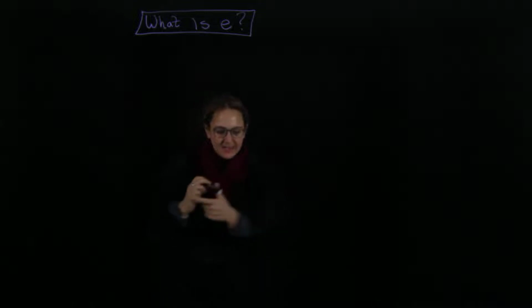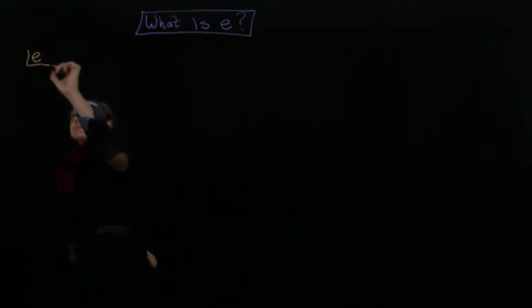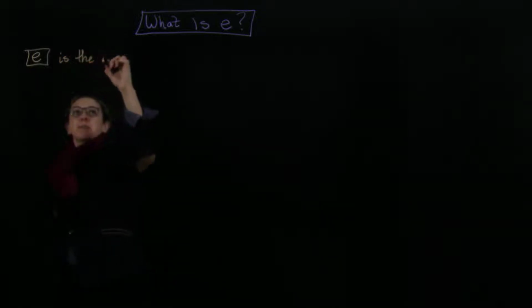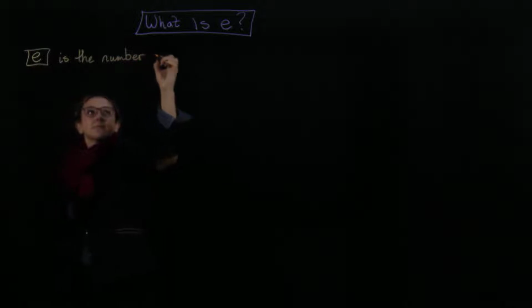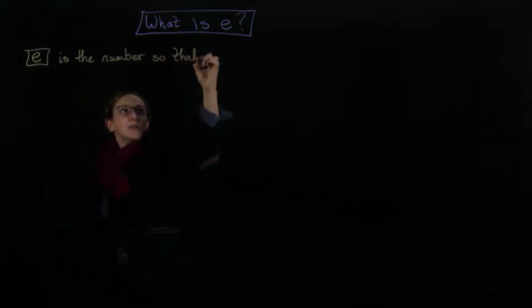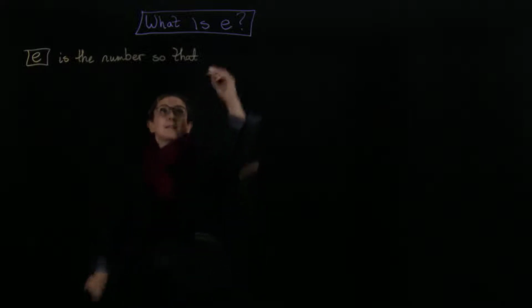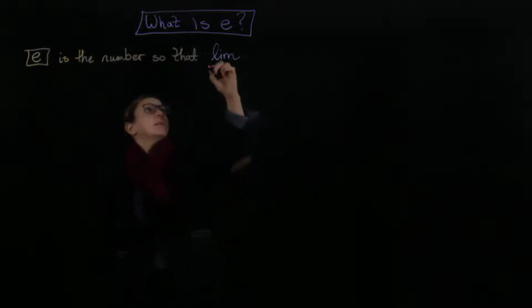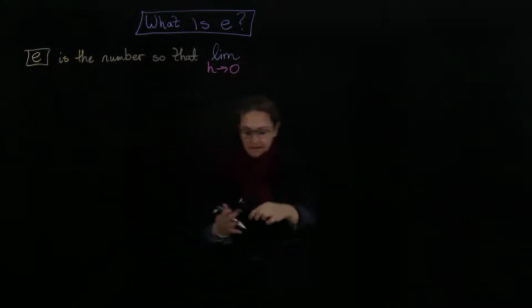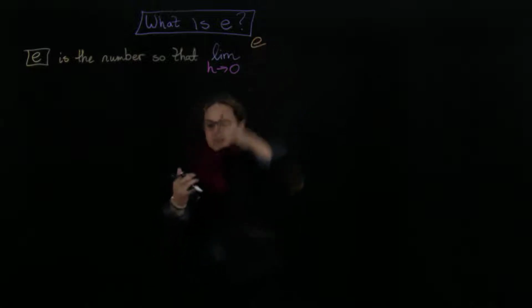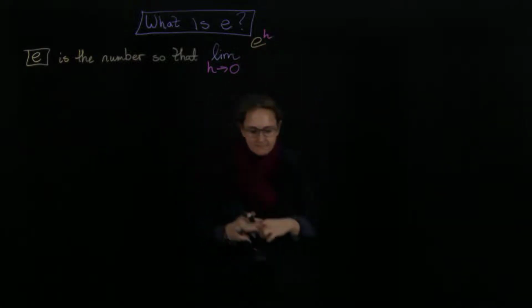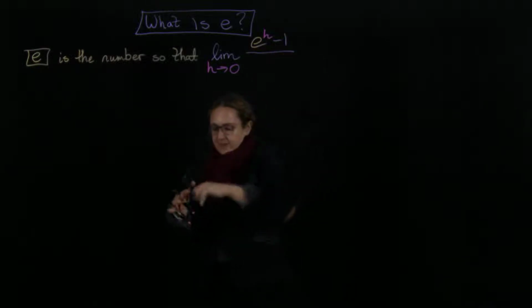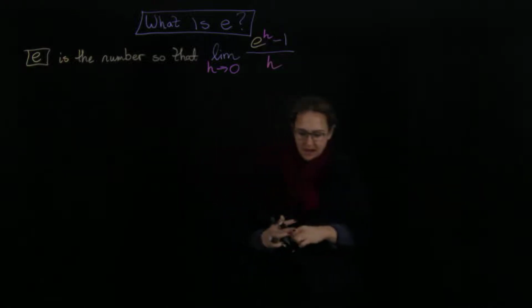So e is the number so that if I took the limit as h goes to 0 of e to the h minus 1, and I divided by h, I would get 1.